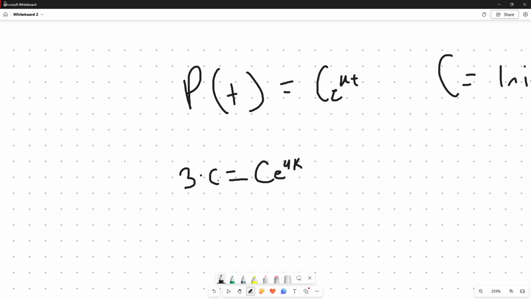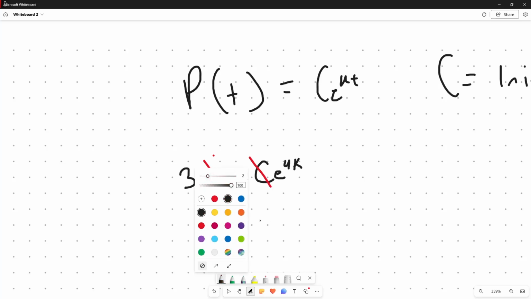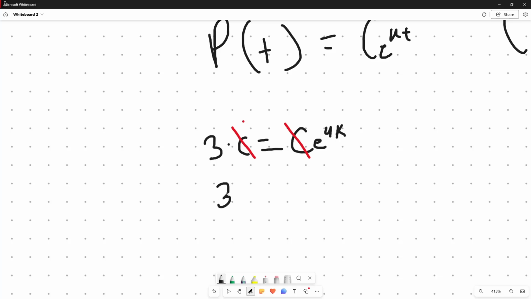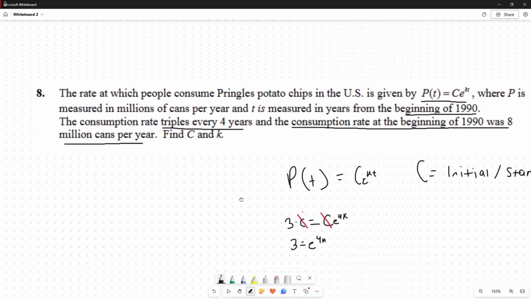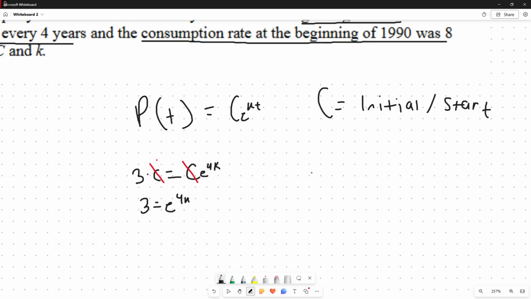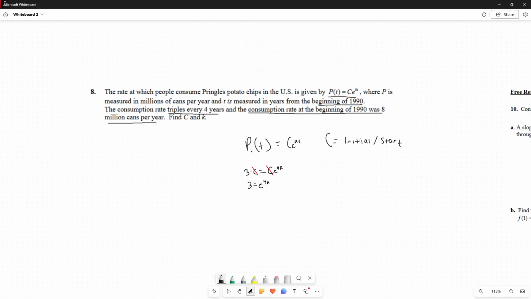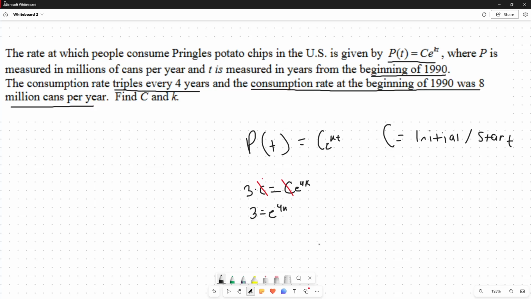Alright, so we can just cancel out the C's because they're going to divide against each other, and then you will get 3 equals e to the 4k. If you haven't done this, it's primarily easy, but if you did, then it should be really easy. It's a repetitive process that we did already.